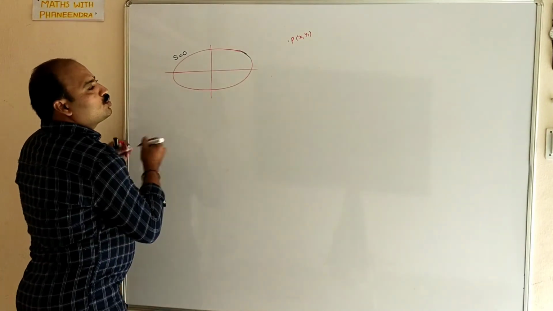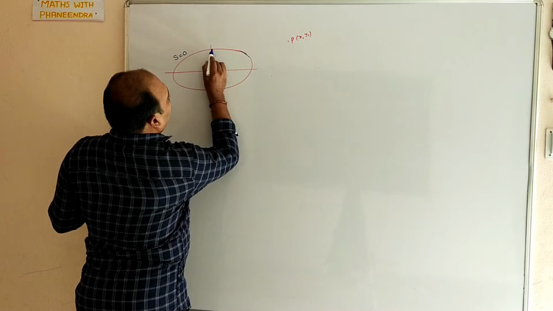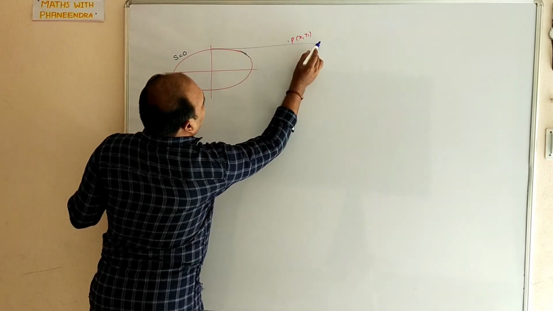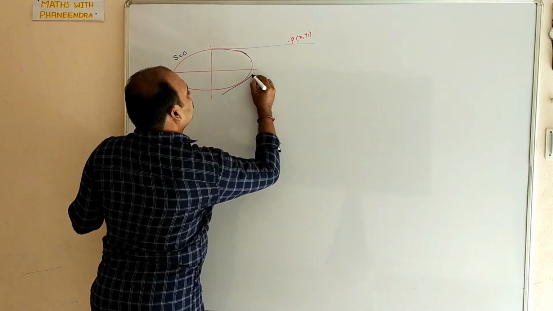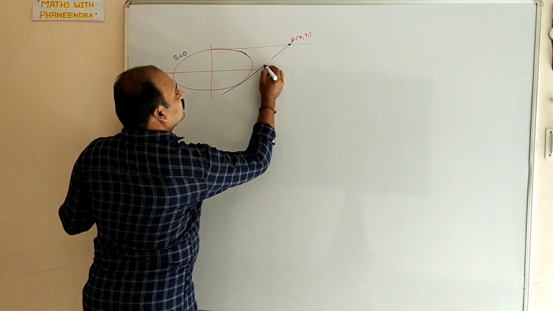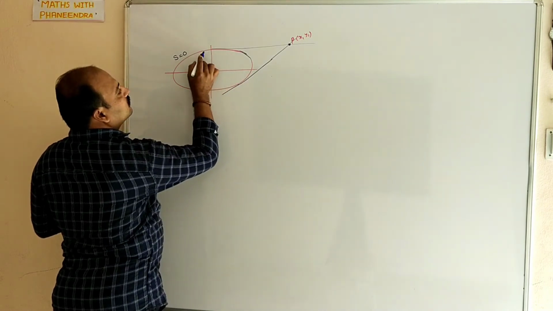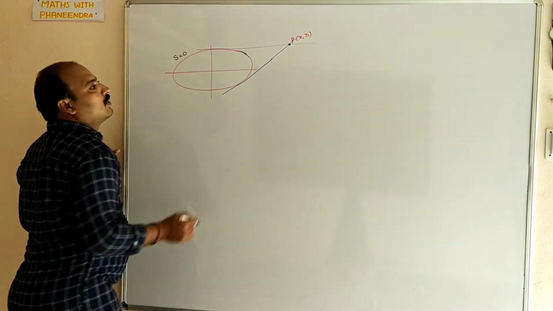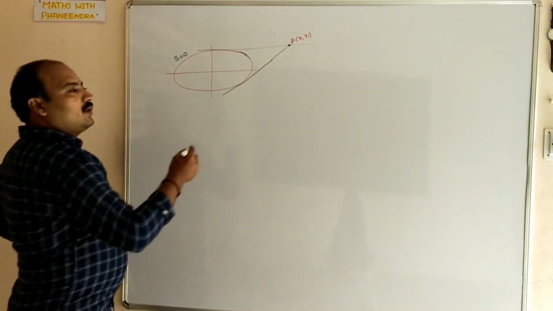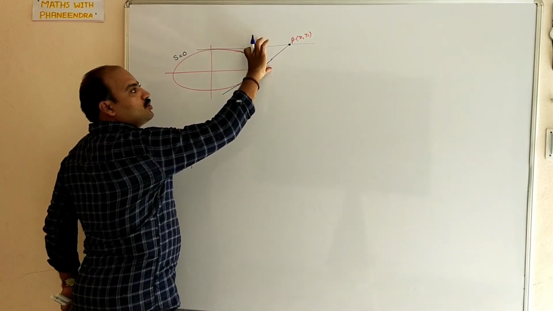Draw the two tangents from the point P. Here, from an external point P, we draw two tangents.